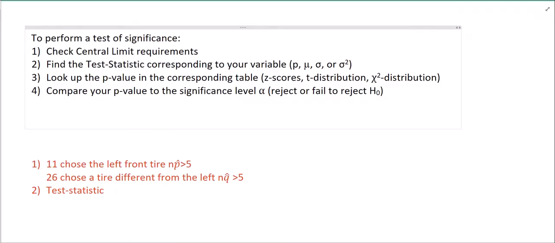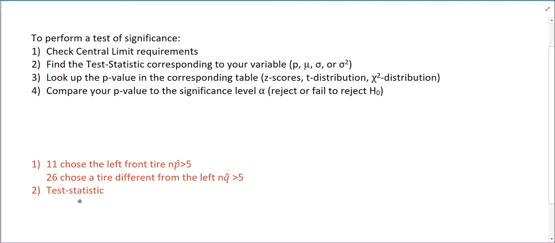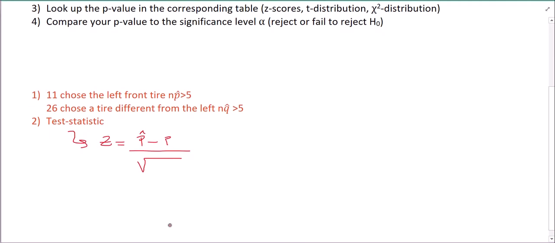So bringing you over to my notebook here. We already said it meets the criteria for the central limit theorem. And now let's find the test statistic. Because we're using a proportion, I know I'm going to use z. So z equals p hat minus p over the square root of pq over n.